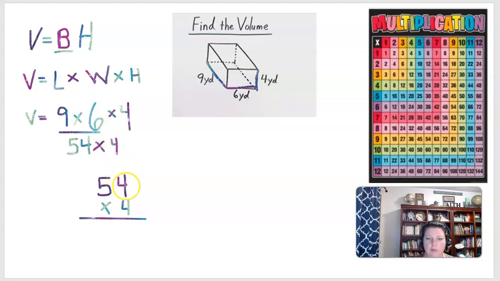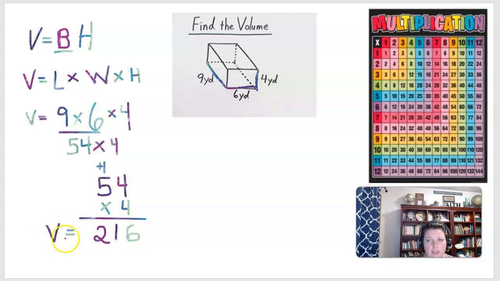So I'm starting with 4 times 4. 4 times 4, 16. The 6 goes here. The 1 goes on top because I still have to multiply 4 times 5. 4 times 5 is 20. Add the 1 that we carried over. So 4 times 5 is 20 plus 1 is 21, so the answer is 216. But I'm not quite done yet.